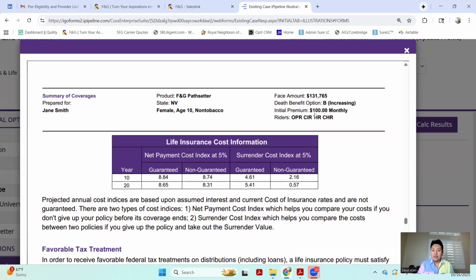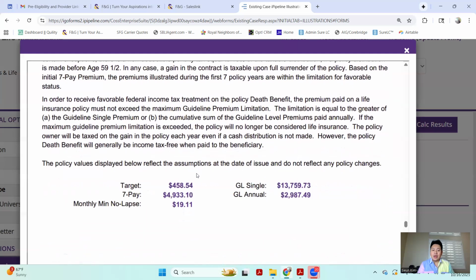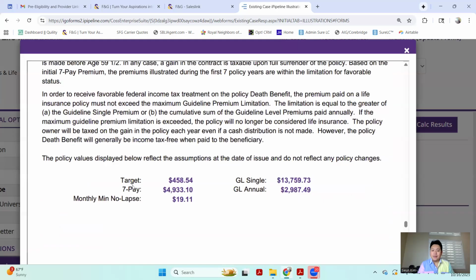So out of the $100 a month, not all premium is commissionable. You're not going to get commission on $100 times 12 as the annual premium. You have to look at the target premium. So even though the client is paying $100 a month, which is $1,200 a year, the agent is only commissionable for $458 in annual premium.